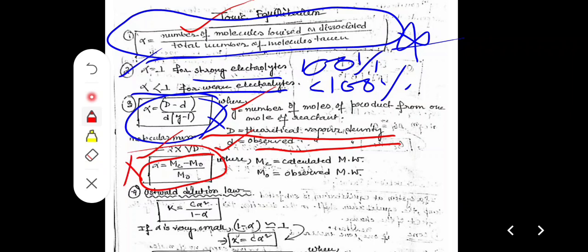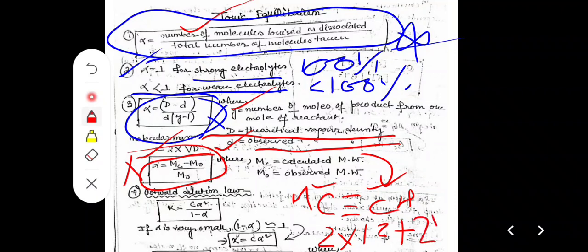Here Mc means calculated molecular weight. As for example, the famous example HC triple bond CH. There are 2 carbons, so 2 into 12, the atomic weight of carbon being 12, and hydrogen is 2 into 1, as there are 2 hydrogens and the atomic weight of hydrogen is 1.008 u.